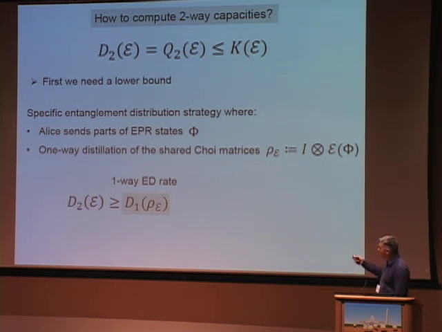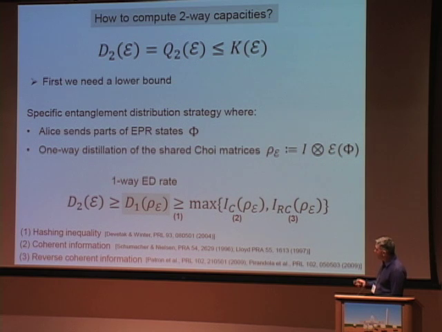Now, this might be a complicated name, but what is important is that this is computable, or more exactly, we can compute another lower bound, because using an inequality called the hashing inequality, proved by Devetak and Winter, this rate is lower bounded by these two quantities.